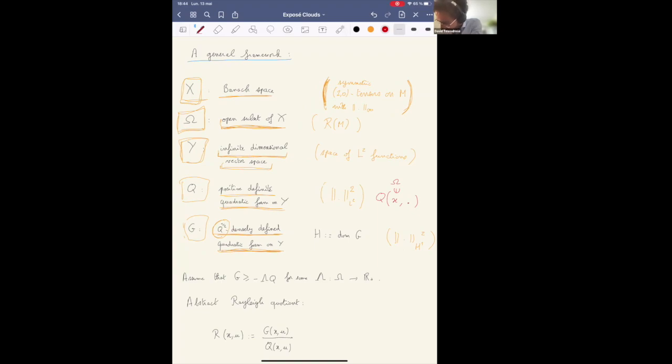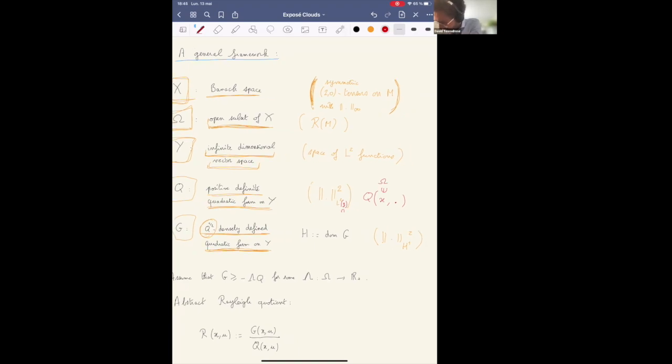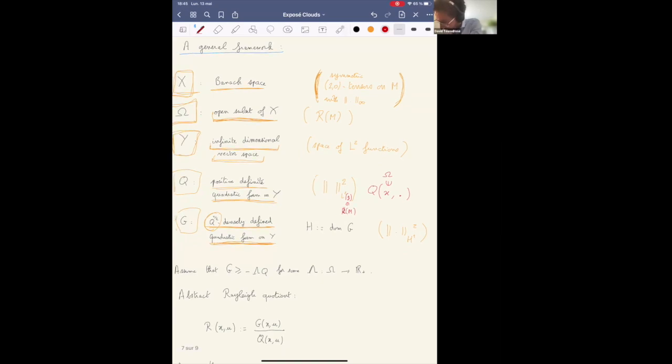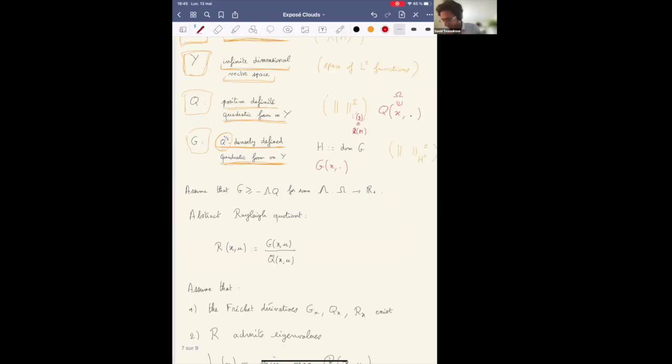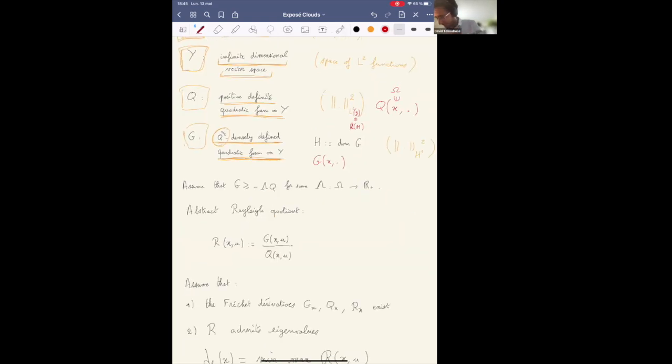If you keep the analogy with the Laplace case, X will be a Riemannian metric, then the norm also depends on the Riemannian metric that we consider. And in the same way, G is also X dependent. And we assume that G is greater than some minus lambda Q.